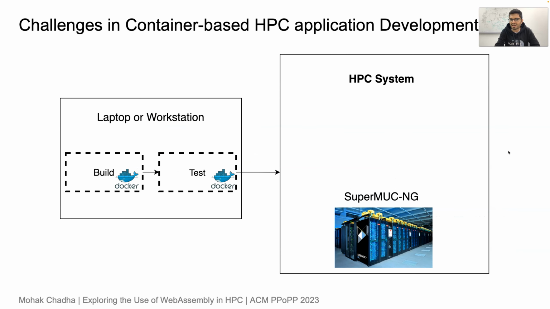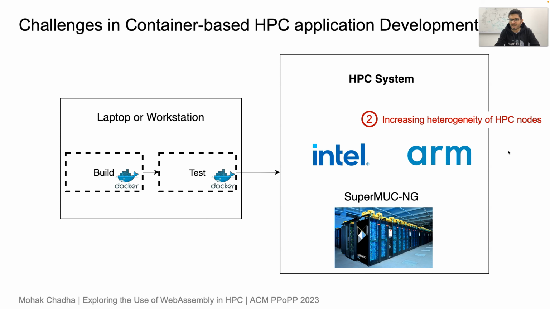So now let's look at the most common workflow for building scientific application container images. You have your own laptop and workstation where you build the container image, test it, and then run it on the HPC system. However, this scenario has a lot of problems. First, HPC systems are becoming more heterogeneous with different processor architectures. Since performance is really critical in HPC, what you want to do is compile the application using the specific microarchitectural features of a particular processor.